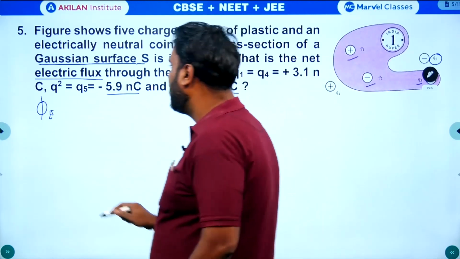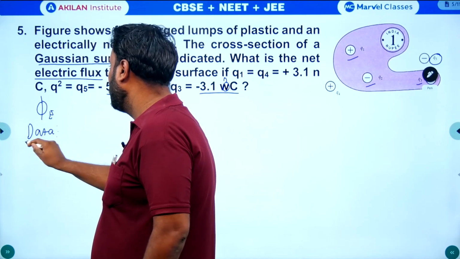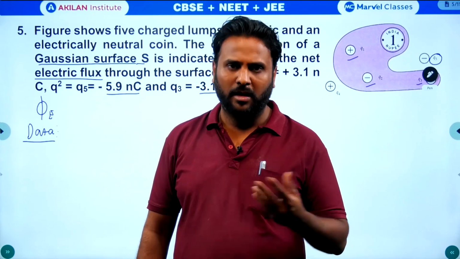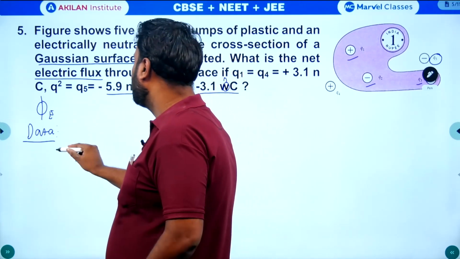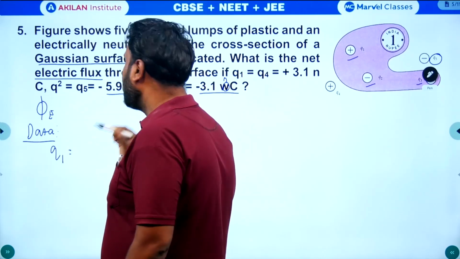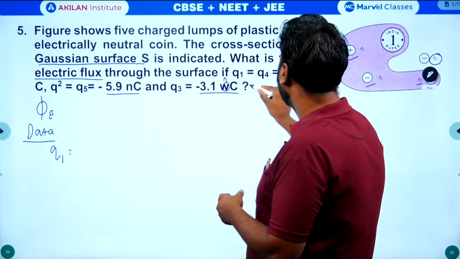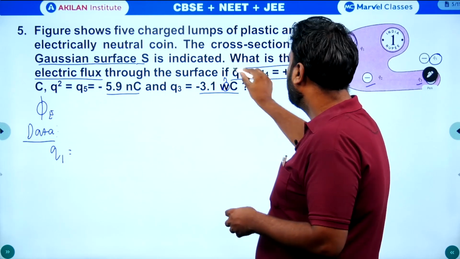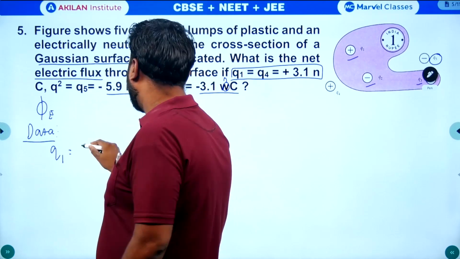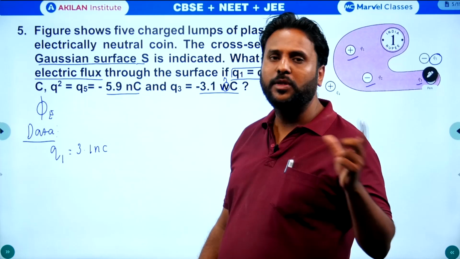First we have to write the data. This is a very important thing for the problem. What they have given here as Q1 and Q4, I am writing as Q1, because Q1 equals Q4. Read the question very clearly. Q1 is equal to 3.1 nano coulomb. Finally we will put in these values and do the calculation.